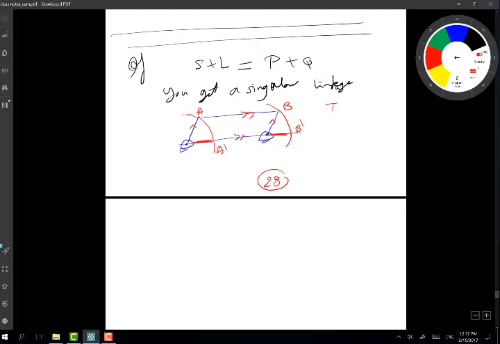So the whole linkage collapses to a straight line during the motion.